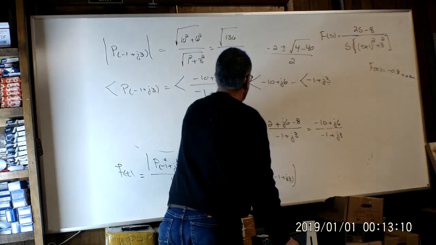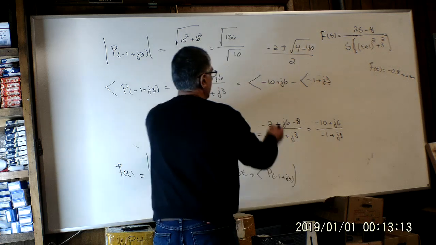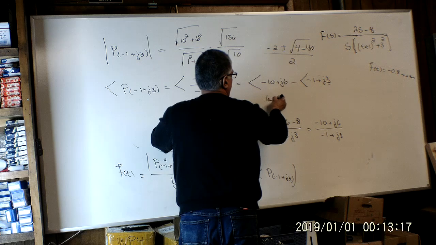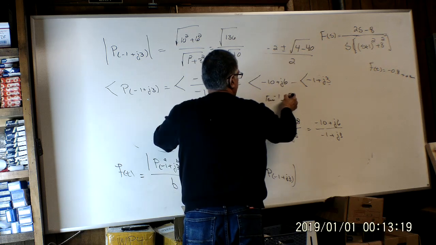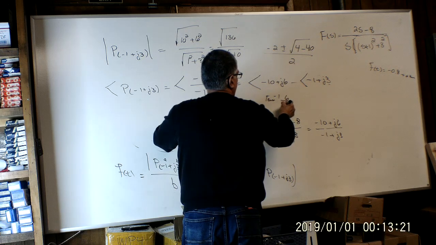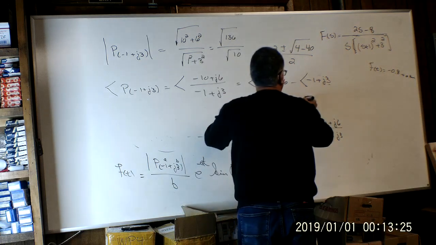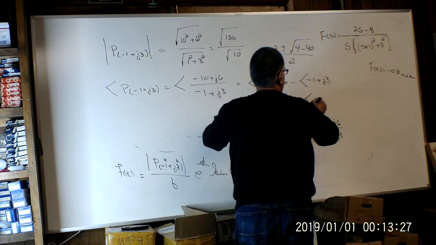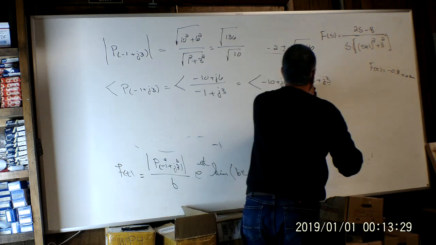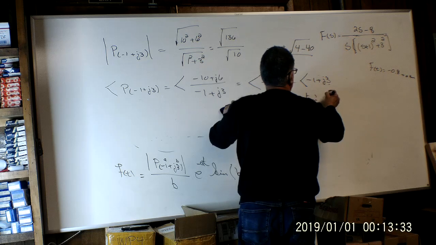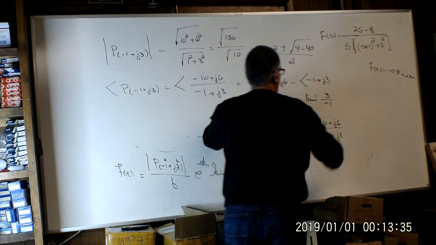So now the argument of minus 10 plus j6 will be tangent inverse of 6 divided by minus 10, minus tangent inverse of 3 divided by minus 1.